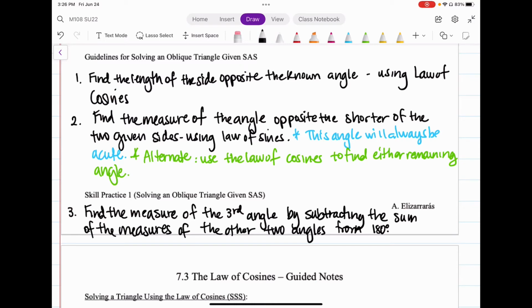Then you want to find the measure of the angle opposite the shorter of the 2 given sides using the law of sines. Or you can use the law of cosines to find either remaining angle. It's up to you. The last thing you want to do is find the missing angle using the fact that all 3 angles add up to 180 degrees.